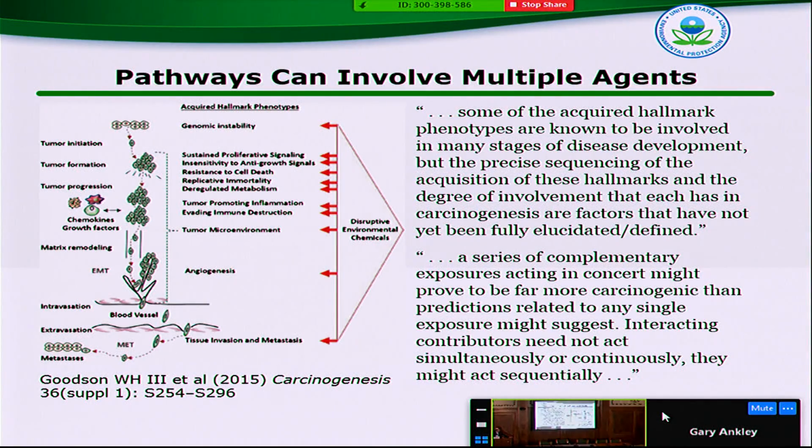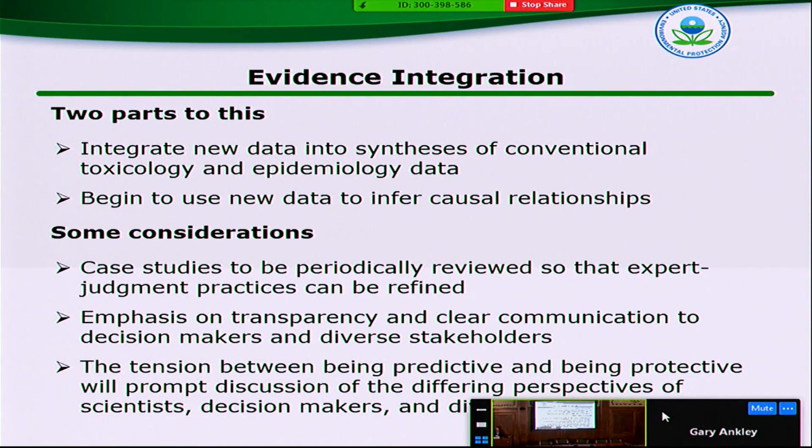I also have a slide from the Goodson paper showing that this pathway-based understanding really helps you incorporate non-chemical factors that might be contributing to your disease risk. So instead of looking for complete carcinogens, which is what most cancer bioassays would test, we can start to think about some of these intermediate steps that might be handled by other exposures.